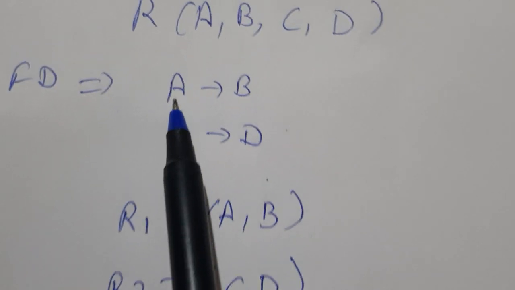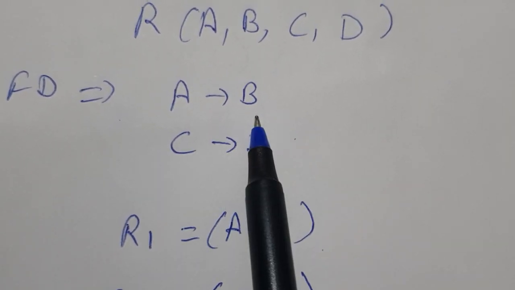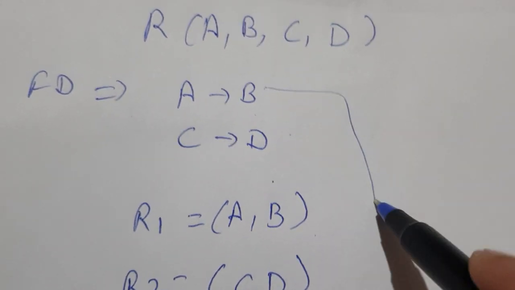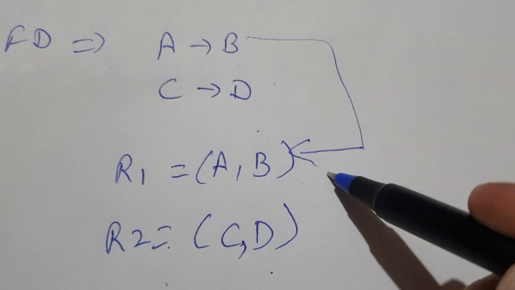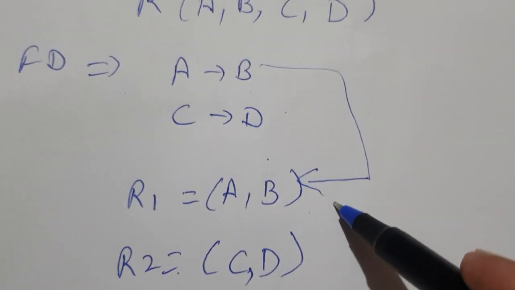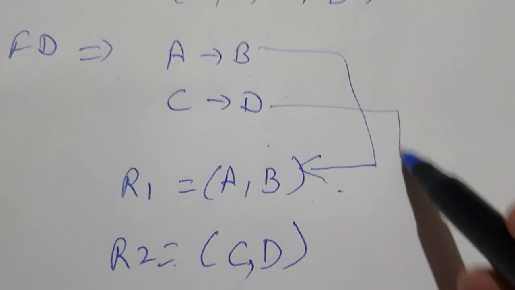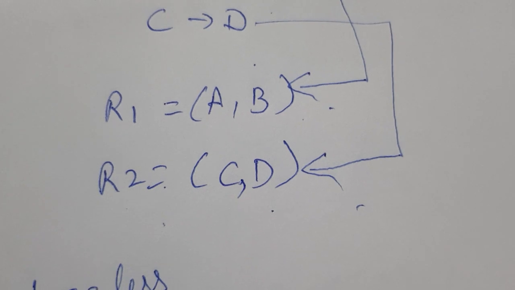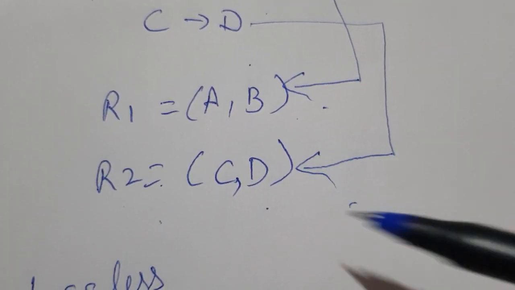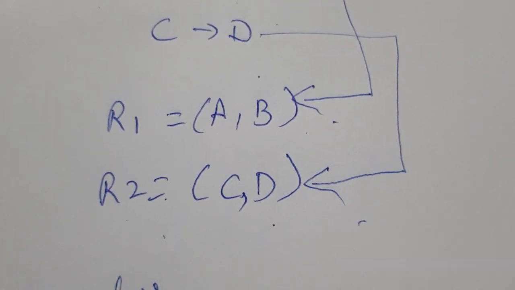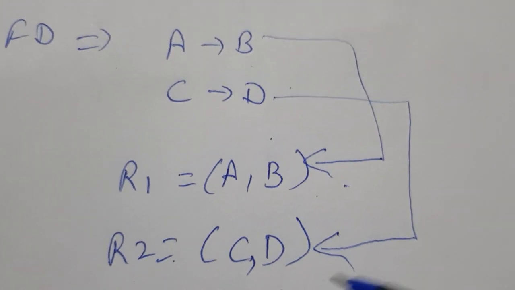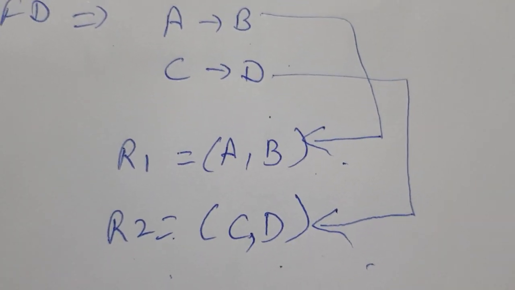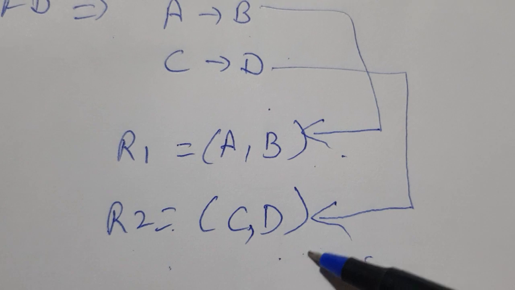Now if I look at the first one, A and B, this functional dependency corresponds to it. At the same time, the other functional dependency corresponds to the other relation. So this can be ensured from one of the relations. If it is true for any one relation, then it is dependency preserving, and in this case it is true for both.